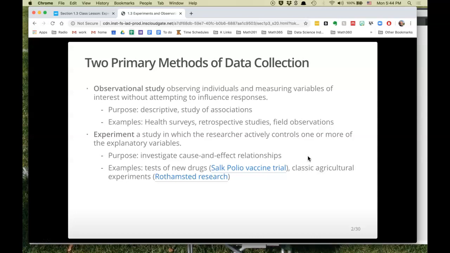The other is some classic agricultural experiments from the Rothamsted Research facility in the UK. This was existent back in the 20s, if not before, but a lot of the terminology and early principles of experimental design come from work at Rothamsted Research.